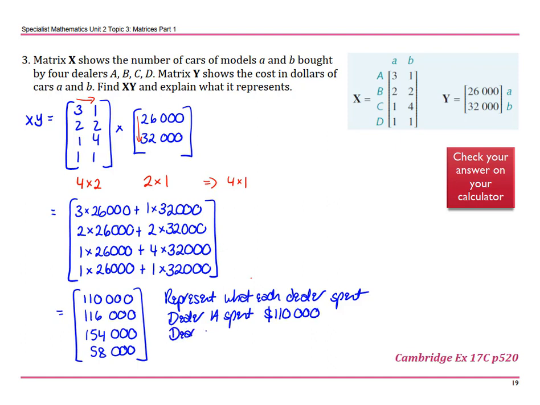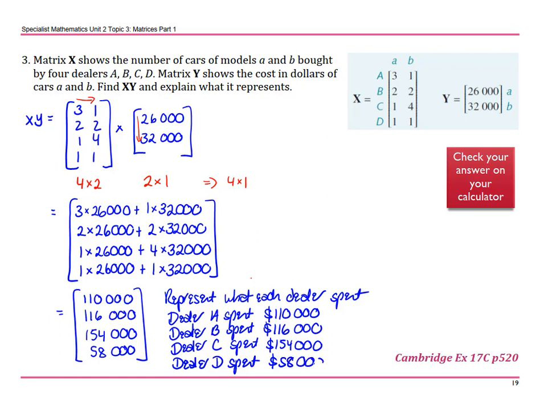Dealer B spent 116,000. Dealer C spent 154,000. And dealer D spent 58,000.